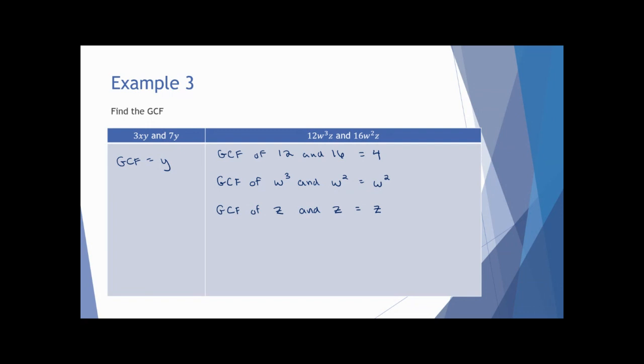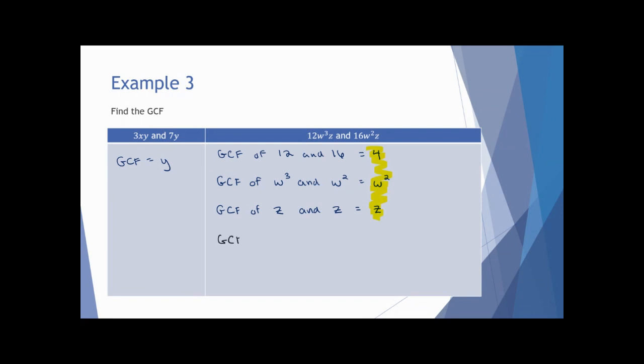So you put all of these things together. You find the GCF of the number portion, then each letter portion, and then that is your actual GCF of the whole thing. So let me write this in a different color here.